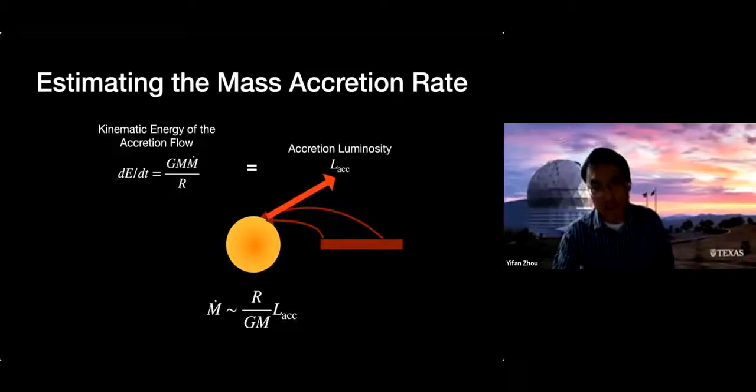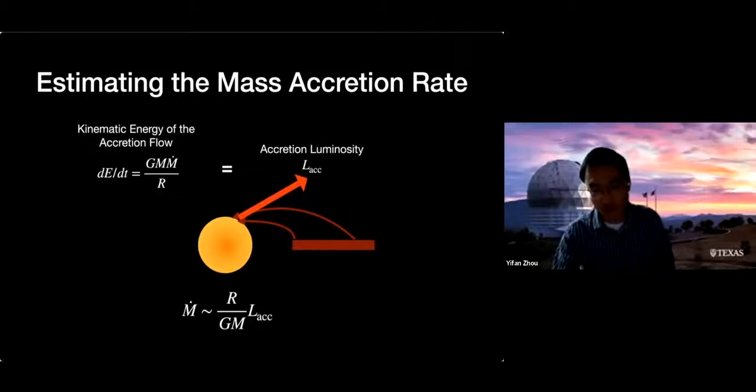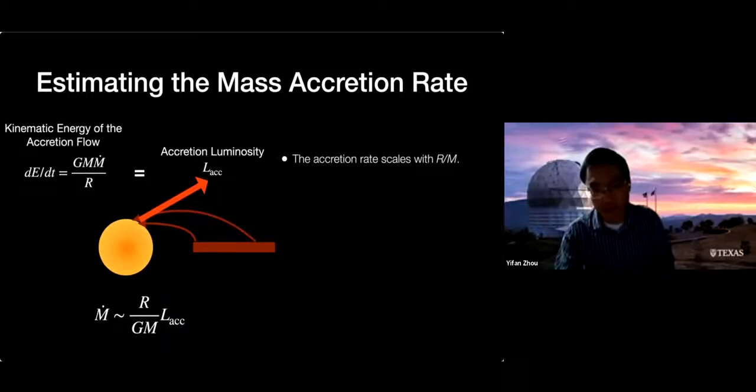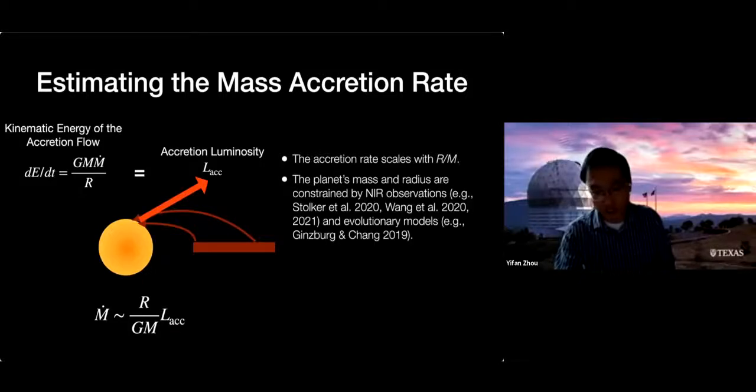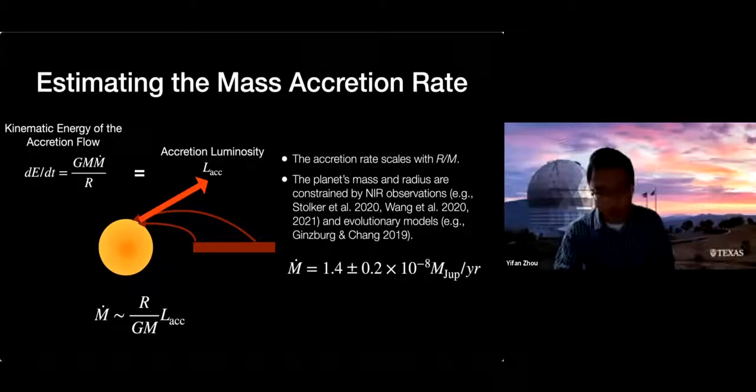When we equate the two, we get the mass accretion rate, which is related to the radius and mass of the planet and our measured accretion luminosity. We insert the mass and radius constraints from near-IR observation and evolutionary models and our observed accretion luminosity. We can get an accretion rate measurement, which is about 1.4 times 10 to the minus 8.